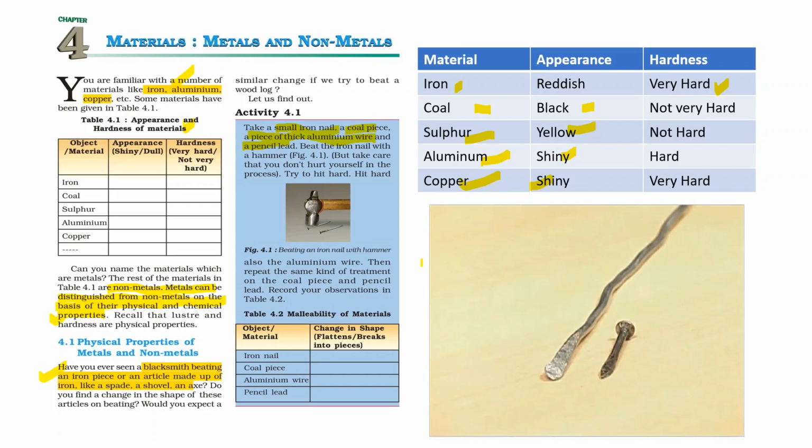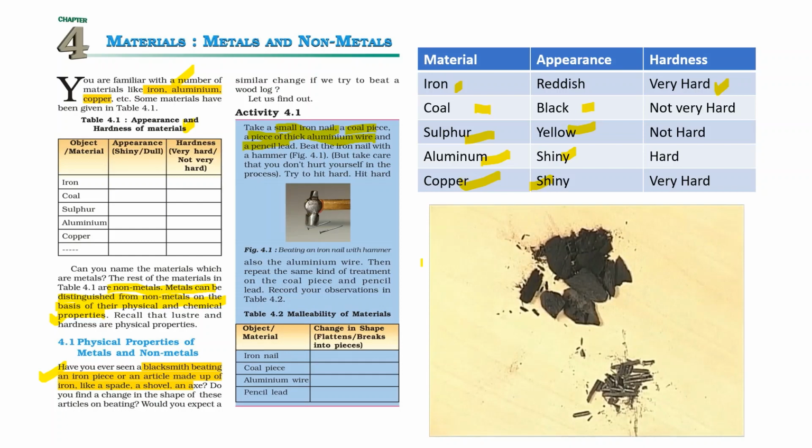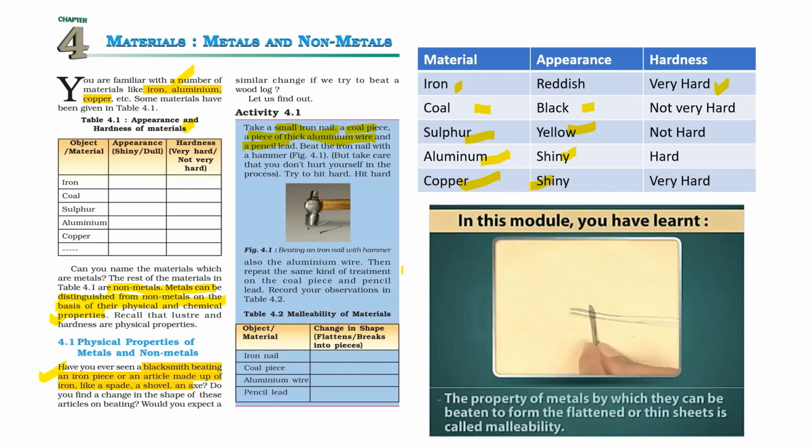As you saw in the experiment, materials like coal and pencil lead do not show this property as they are not metals. In this module, you have learned that metals form thin sheets on hammering. The property of metals by which they can be beaten into flattened or thin sheets is called malleability.